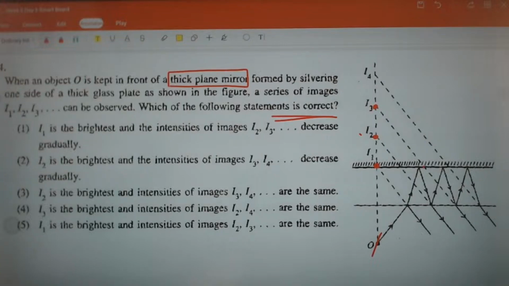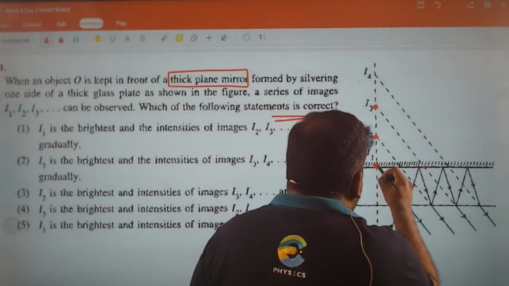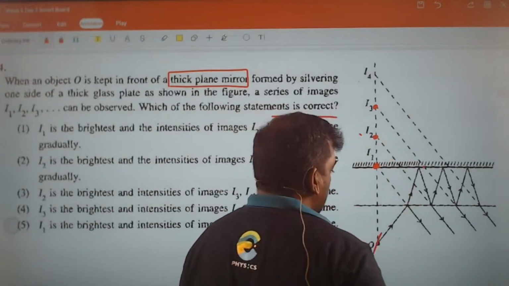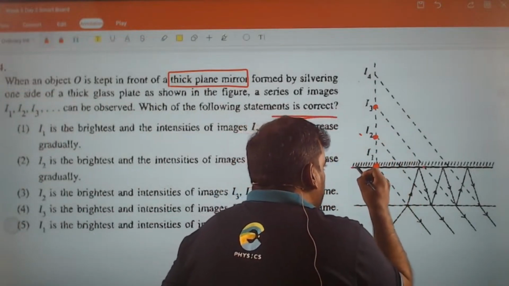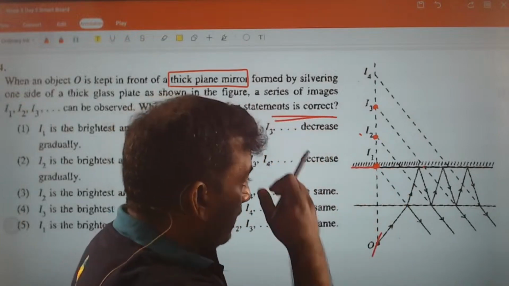If you look at this carefully, here the location of I1 is very important. I1 occurs on the silver surface.